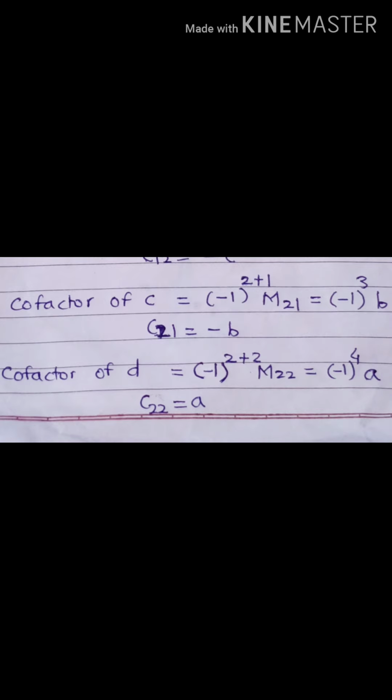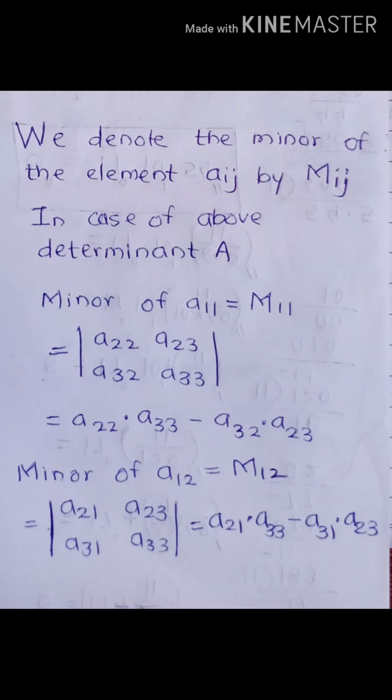The cofactor of C is minus 1 raised to 2 plus 1 into M21, minus 1 raised to 3 into B, that is C21 is equal to minus B. Now the last element, the cofactor of D, in second row and second column, is minus 1 raised to 2 plus 2 into M22, that is minus 1 raised to 4 into A. Therefore, C22 is equal to A.